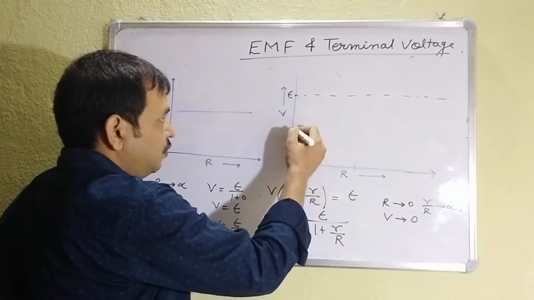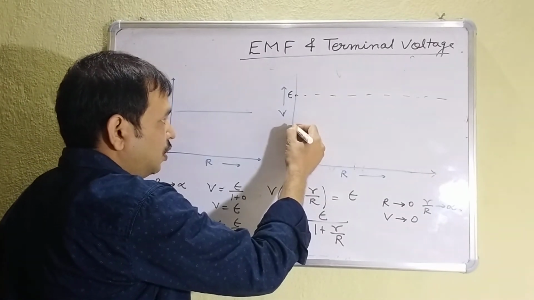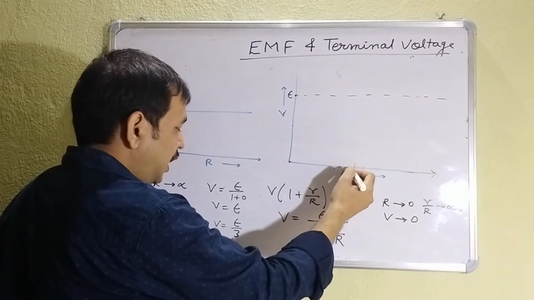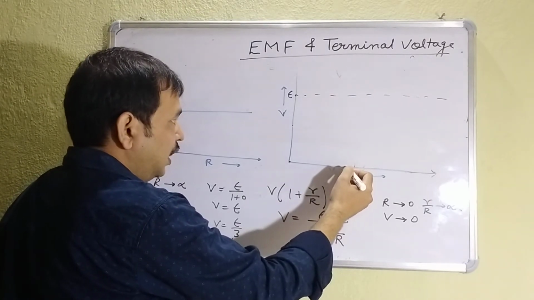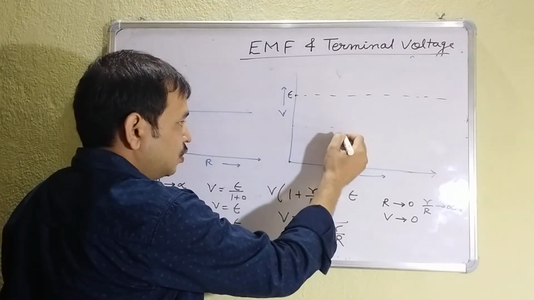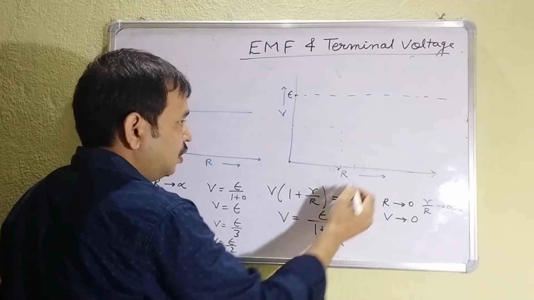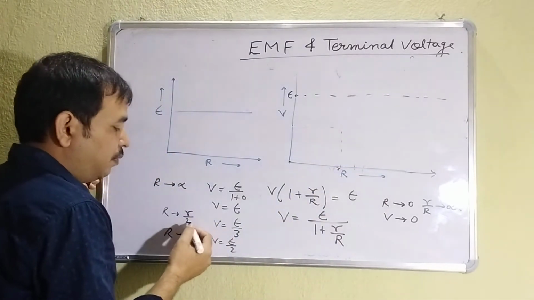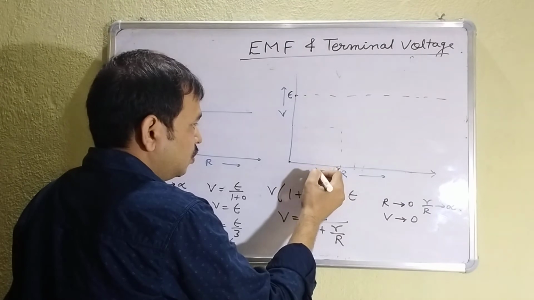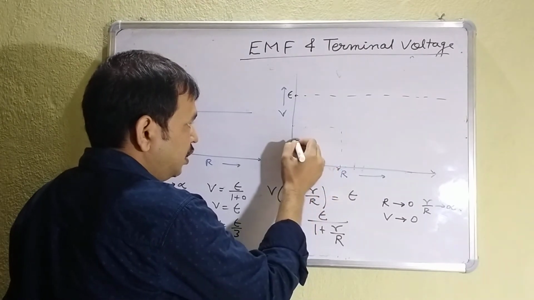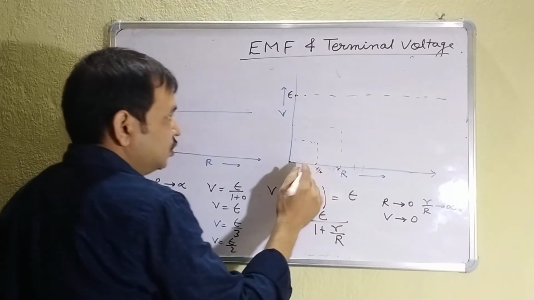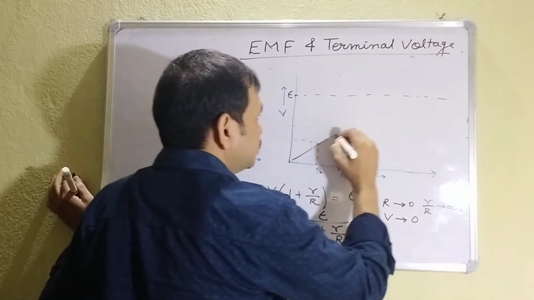So when R is equal to r, you get E by 2 at this point, and when R is equal to r by 2, you get E by 3. So the graph comes like this.